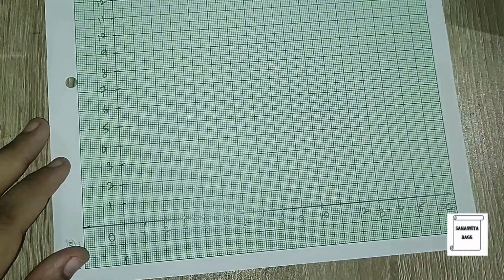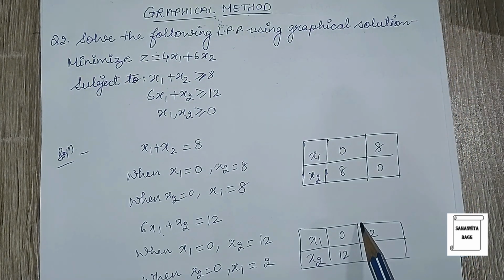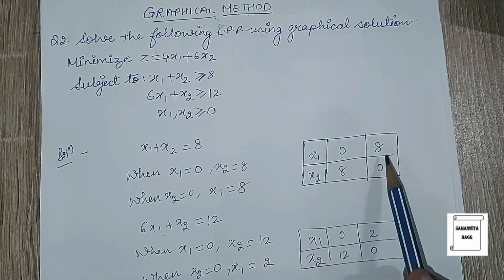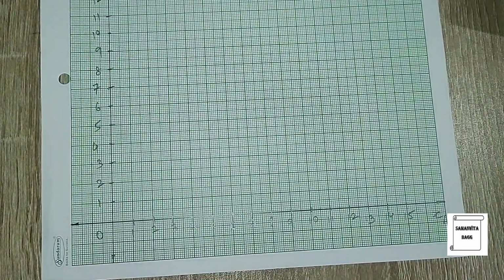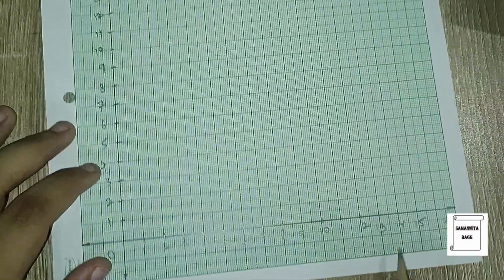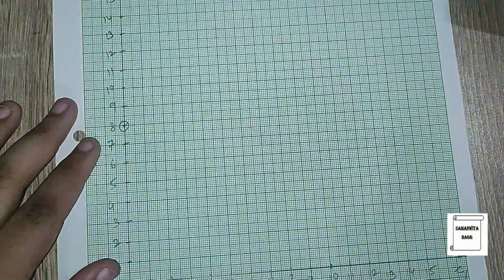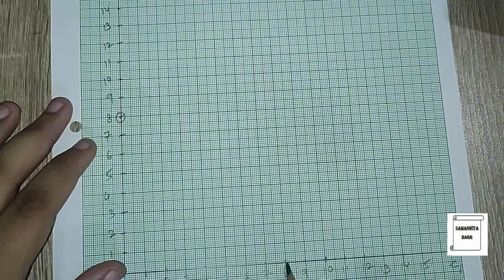Now we will plot the values. For the first line, the coordinates are 0, 8 and 8, 0. x1 is 0, x2 is 8, so this is the point, and the next is 8 over here and 0.